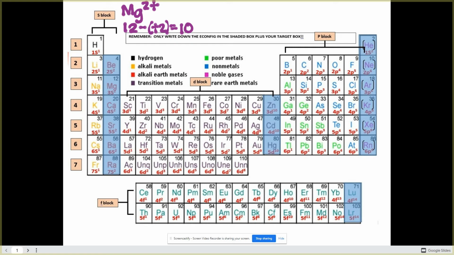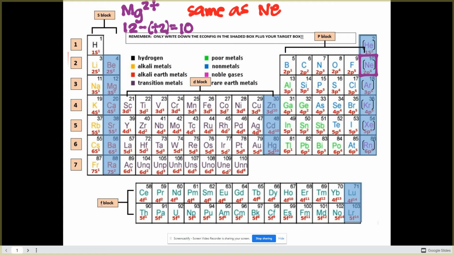Okay, which means, again, our target is box number 10. Box number 10, atomic number 10, which is right here. Okay, so again, this will be the same as Ne.